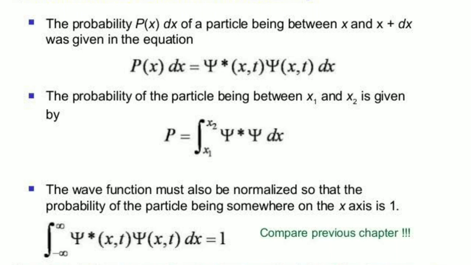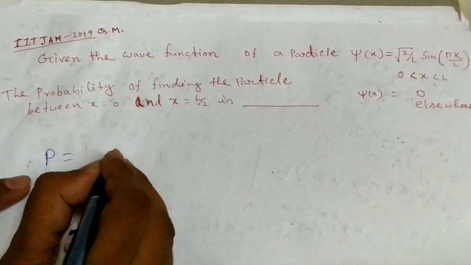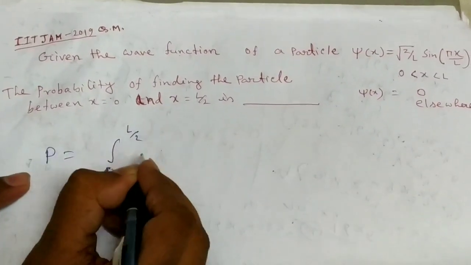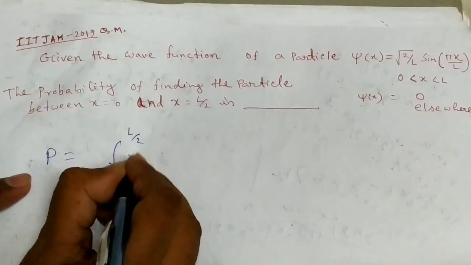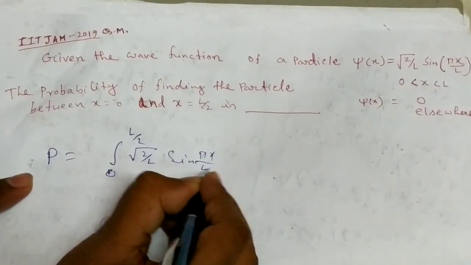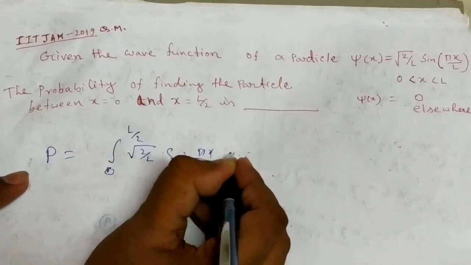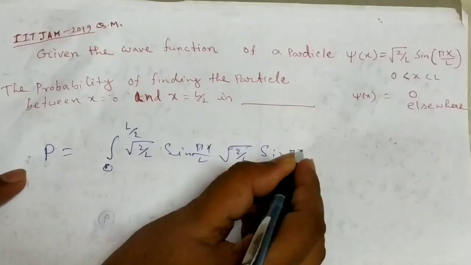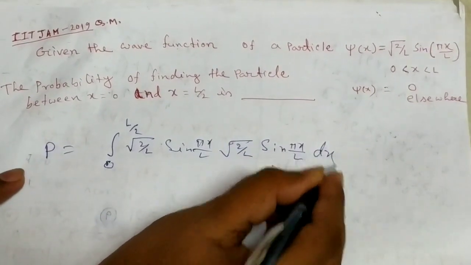So the probability, we know, is the integral from 0 to L by 2 of psi star psi, that means root over of 2 by L sin pi x by L into root over of 2 by L sin pi x divided by L into dx.